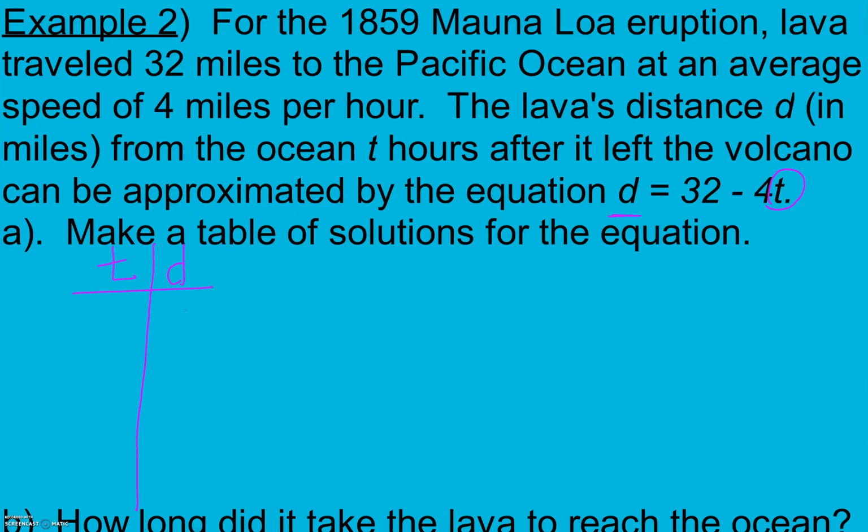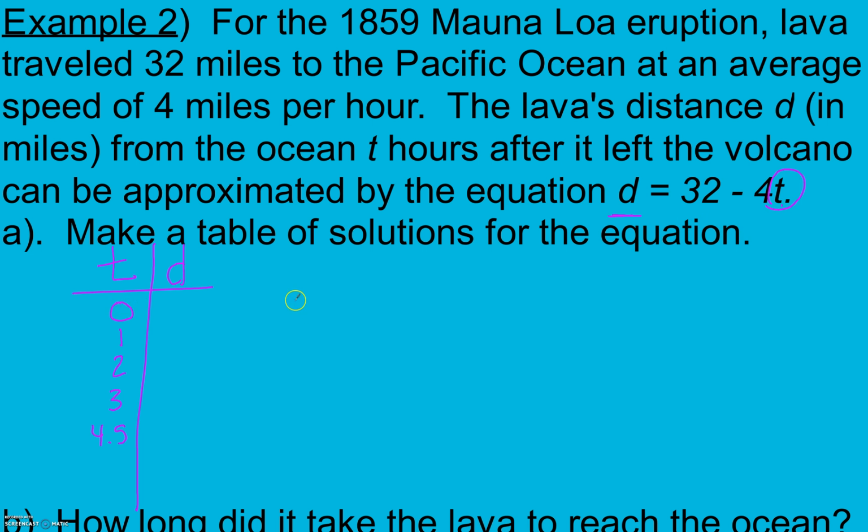When we're talking time, the smallest t value we can use is 0, and then we can use anything positive. We could do even a 4.5 if we wanted. I take my t values and plug them in for the t spot, and the number that I get when I simplify that right side is going to be my d value.